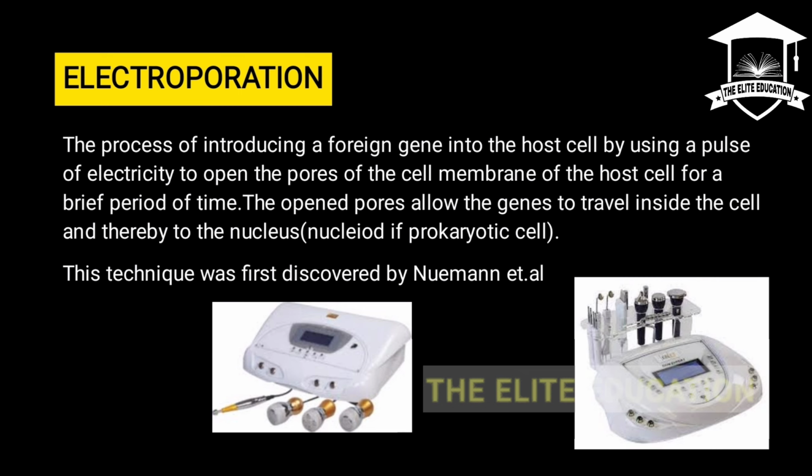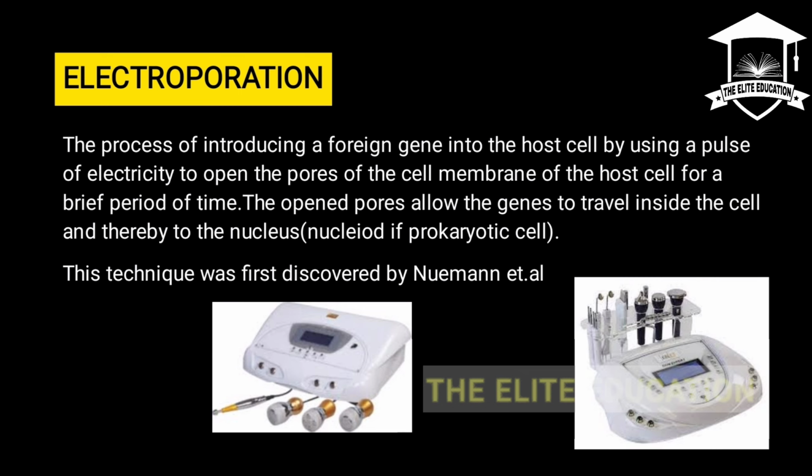And when these cells present in the solution get this electric shock at once, they open their pores for a certain amount of time, which is very short, less than a second, like a millisecond to a microsecond. When these pores are opened, the gene that is present in the solution enters inside the cell, and it all occurs in a fraction of a second. It doesn't take a lot of time as we are discussing here.